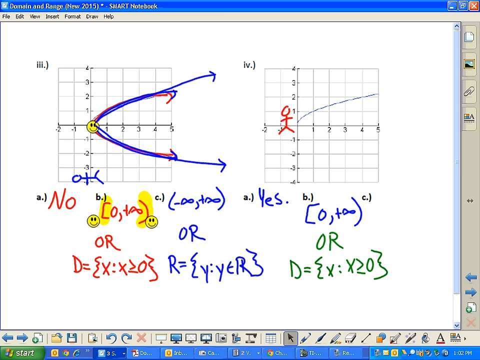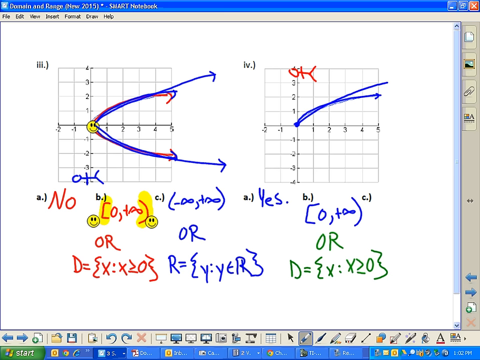The range values, if you take a look at this particular function, I'm at -4, -3, -2. I don't see anything. On this screenshot, it doesn't show up all that well, but I do have a point there at 0, 0. So that's going to be the first range value that I see also. And then this graph goes up and up and up forever and ever. It's not ever going to stop increasing.